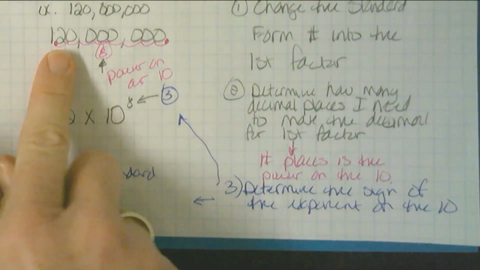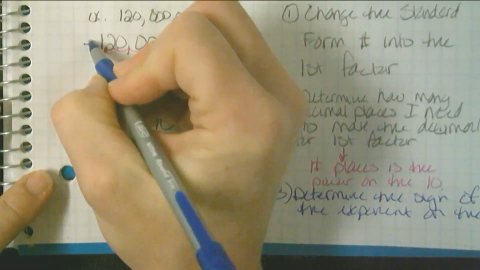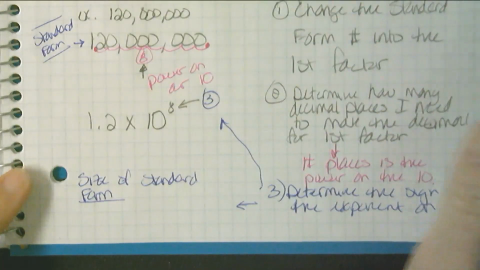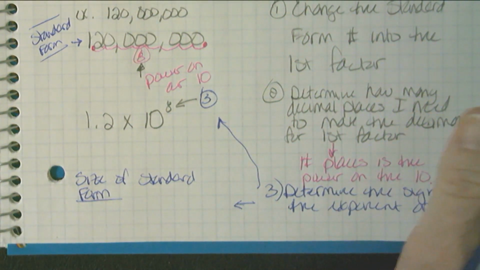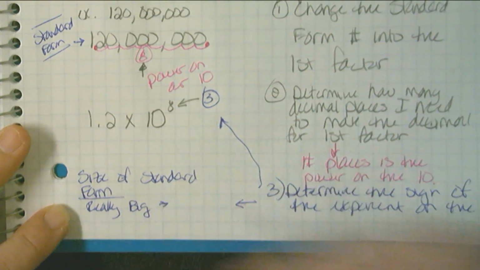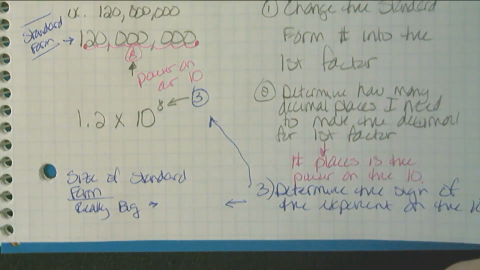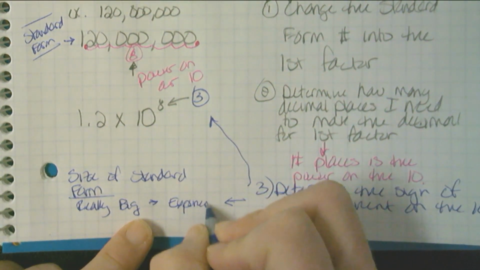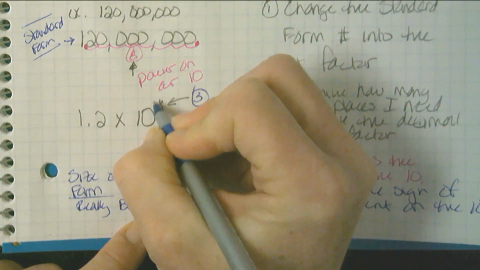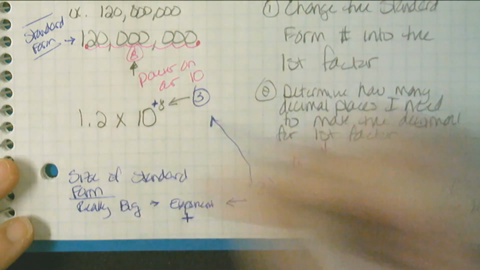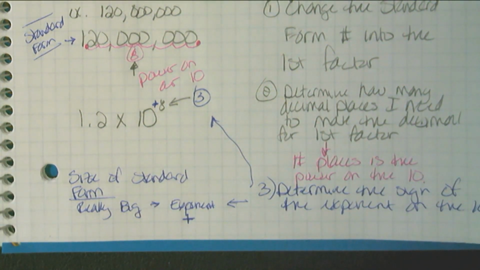This 120 million, that right there is standard form. Is our standard form really big or really small? Colin? It's really big. So what does that tell us about the sign of our exponent? If that standard form is really big, Cameron? It's positive. Exponent positive. So this is going to be a positive 8. We normally don't put a positive symbol there, but I want you to understand that makes it positive because it's really big.